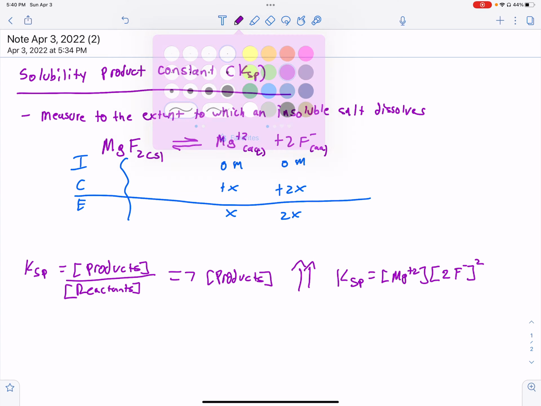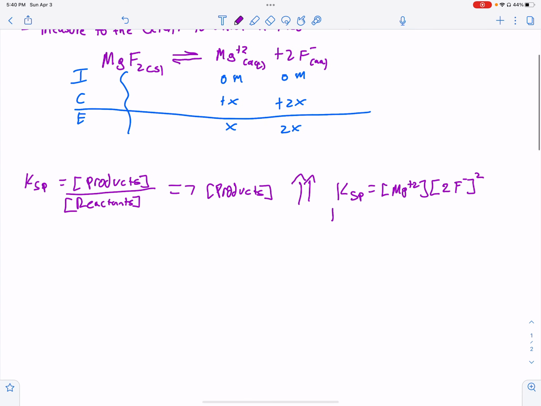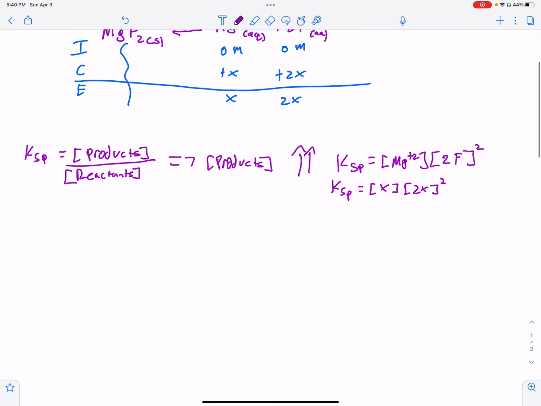So if I was to simplify this and put it in terms of x, I would have that the KSP is equal to x times 2x squared. So do your algebra here, just be a little careful. So 2 squared is 4.